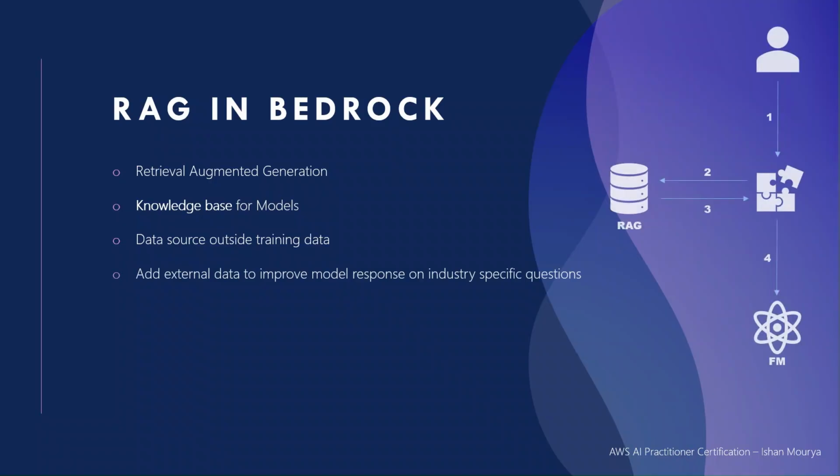So here is how this works. Let's say this is your base foundation model. We haven't done any fine tuning or anything on it. And here is your application. When a user asks a question, it is going to find relevant information related to that question from the RAG which you have attached. And then with that relevant information and the question itself, it will send that to the foundation model, and your foundation model will respond.